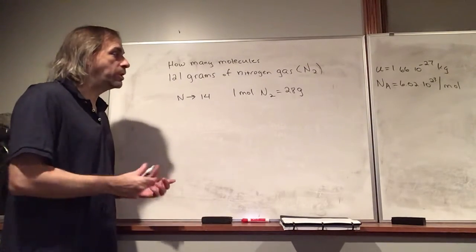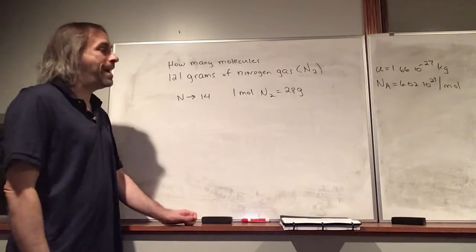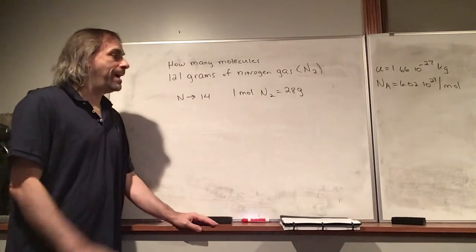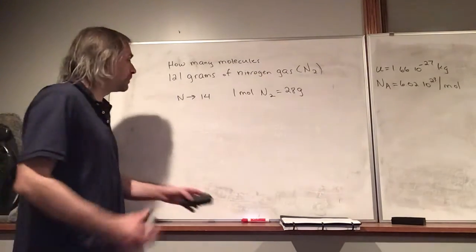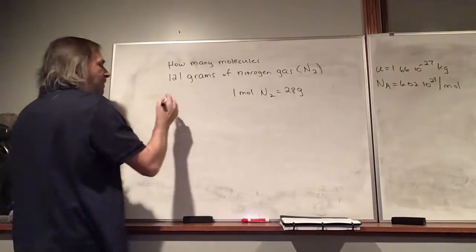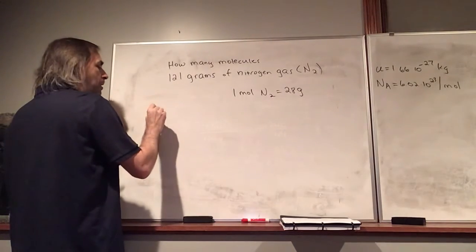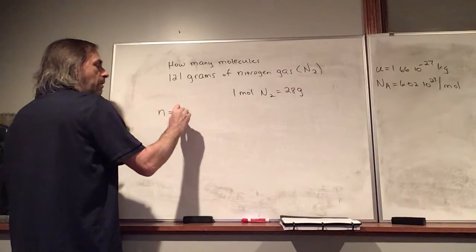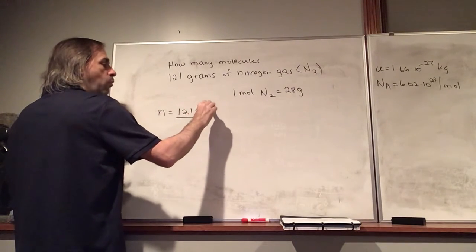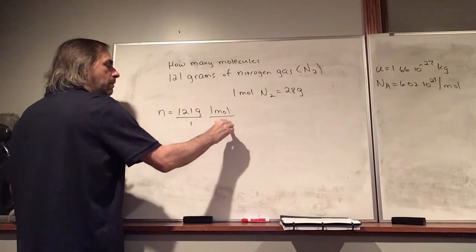So 1 molecule of nitrogen gas would have a mass of 28 atomic mass units. 1 mole would have a mass of 28 grams. So now that we've got that, we have 121 grams. We want to find, let's start with the number of moles. So we have 121 grams, and then 1 mole is 28 grams.